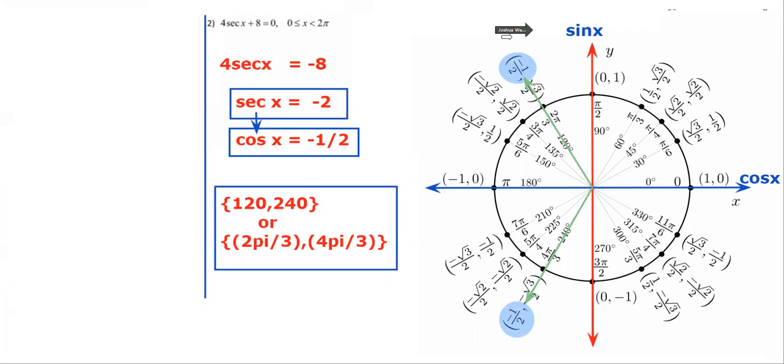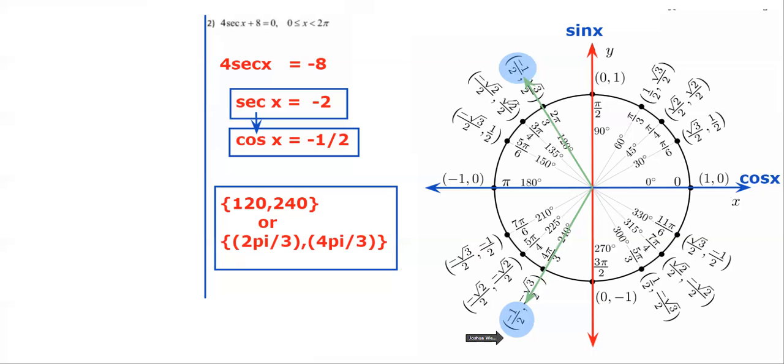So the reciprocal of secant x brings us back to cosine x. Then we take the reciprocal of -2 and we get -1/2. Looking for locations where the cosine of x is -1/2, that occurs at 120 degrees and also at 240 degrees, or in radians at 2 pi over 3 and 4 pi over 3.